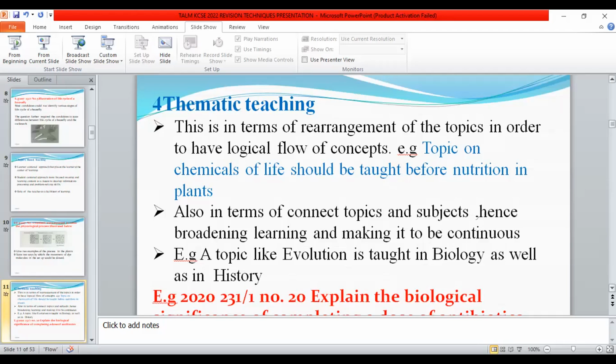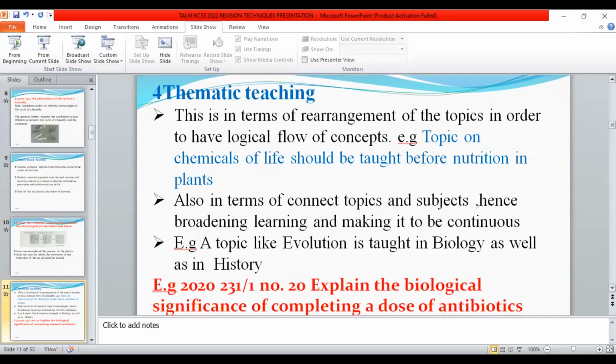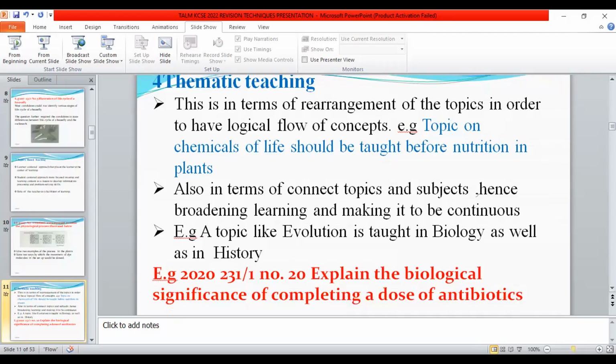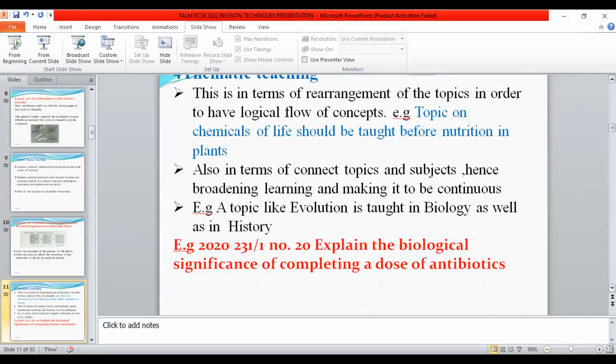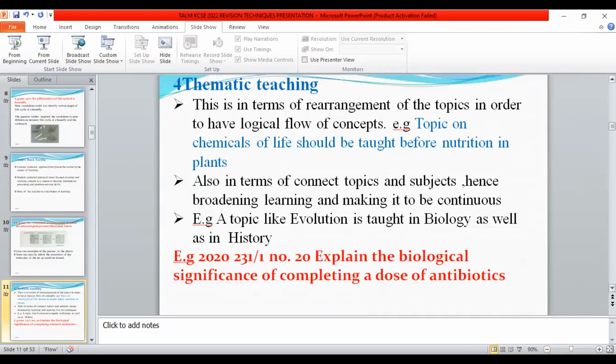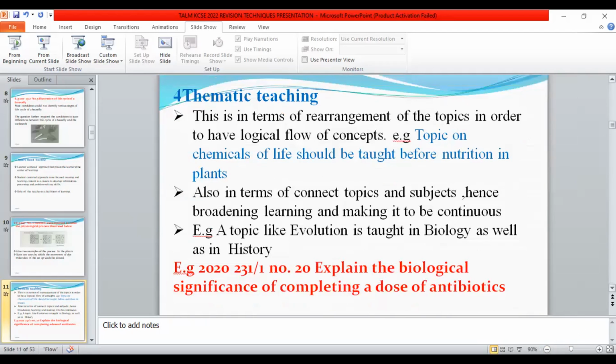Why? It is because we use the wrong approach in teaching that topic. When we are teaching nutrition in plants, photosynthesis, for example, we tell those innocent Form 1s, we have CO2 combining with H2O in the presence of light and chlorophyll to form C6H12O6 plus 6 molecules of oxygen.